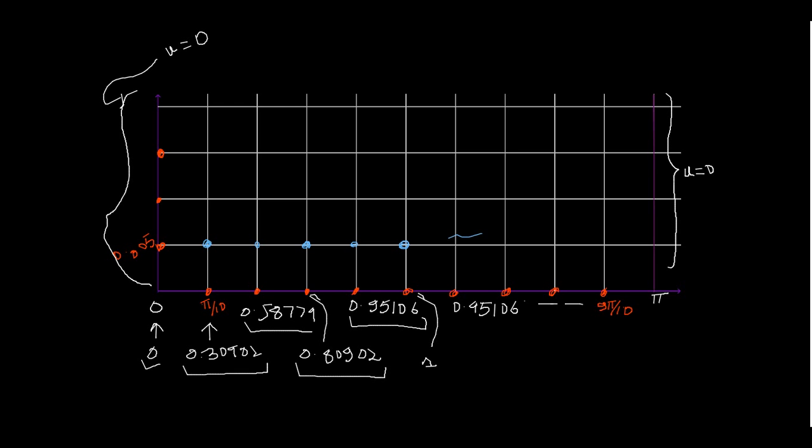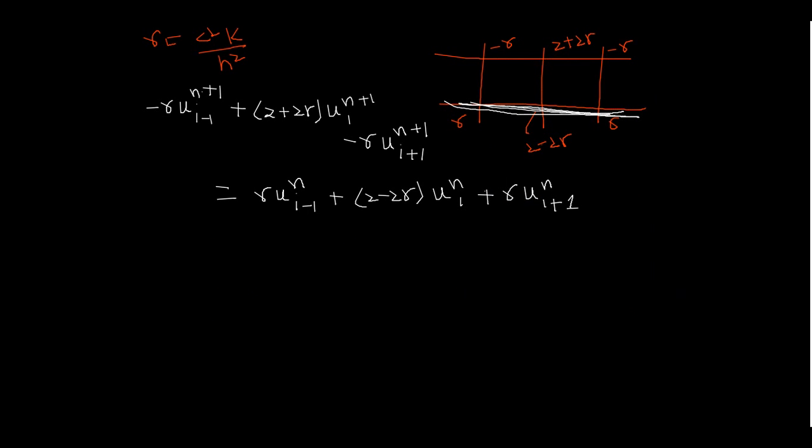After that, this all will repeat. So we only have to find half of the values, and after that all will repeat. So this is the scheme.